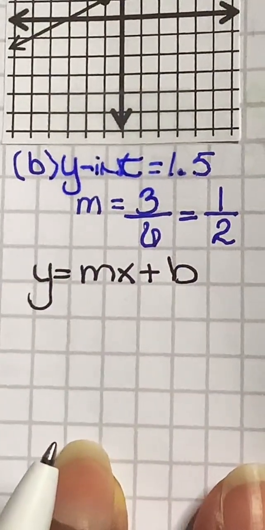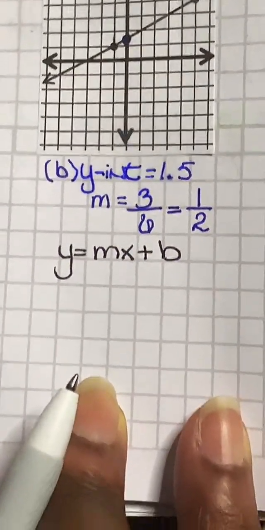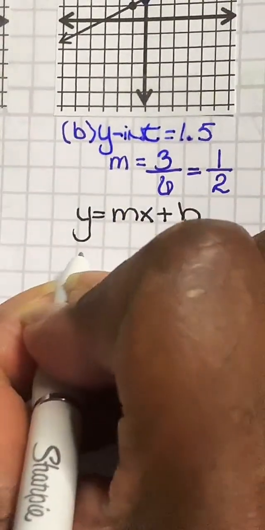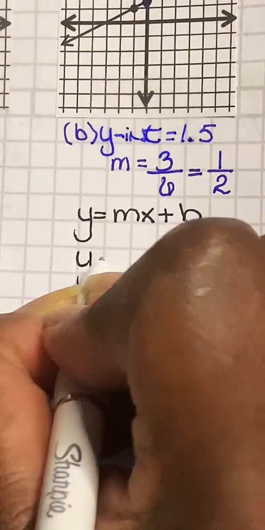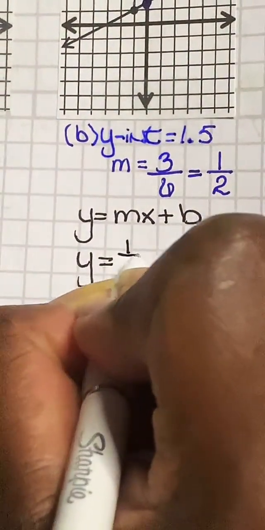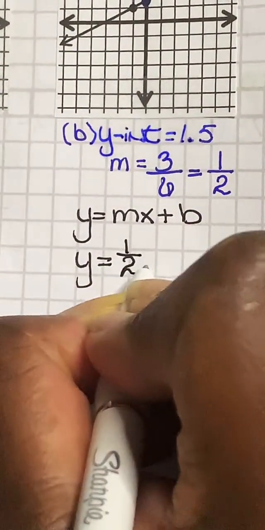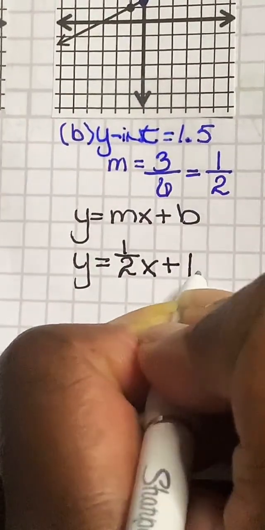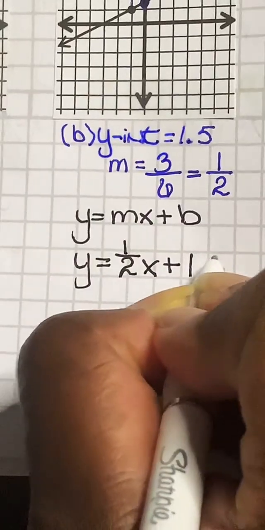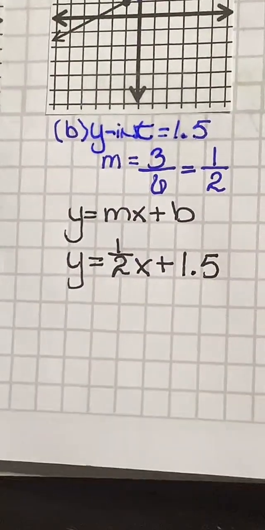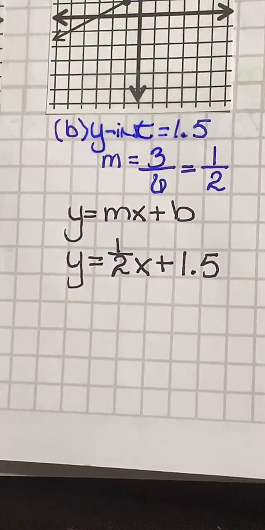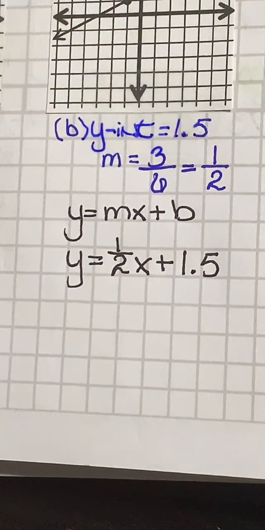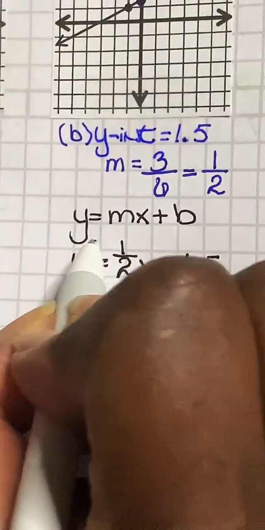That's the format of the equation of a line. So now we have y is equal to 1/2 x plus, and it's a positive 1.5. If you want to change that 1.5 to like 3/2, you can, but it's not necessary, unless the answer choice is defined so.